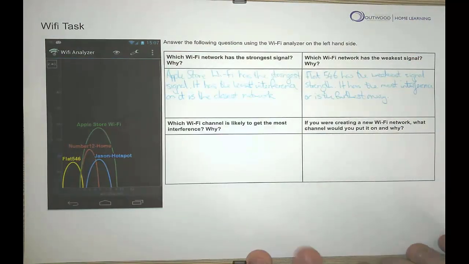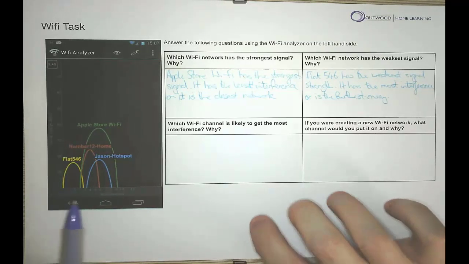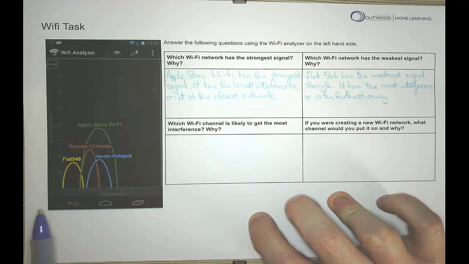Okay, so then along the bottom, Wi-Fi networks, on a standard Wi-Fi network we've got 12 channels, and the question here is which Wi-Fi channel is likely to get the most interference and why? So the key thing to look at here is how many networks are working on a particular channel. So if we look at channel 1, you've only got the yellow network.